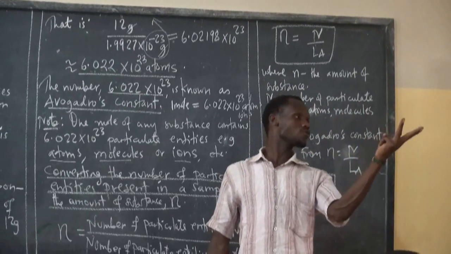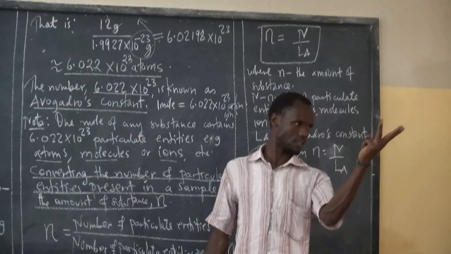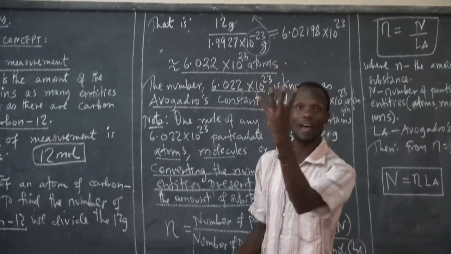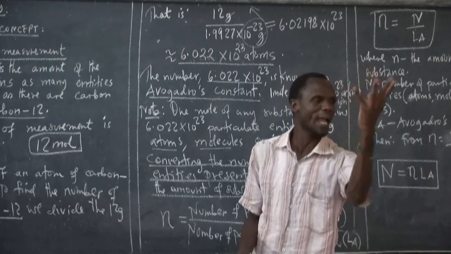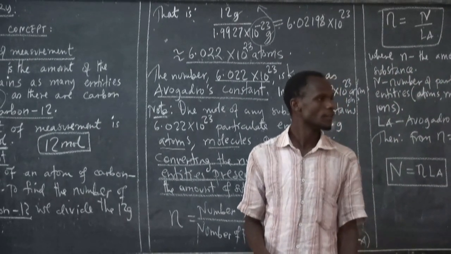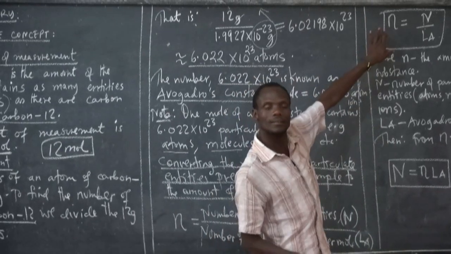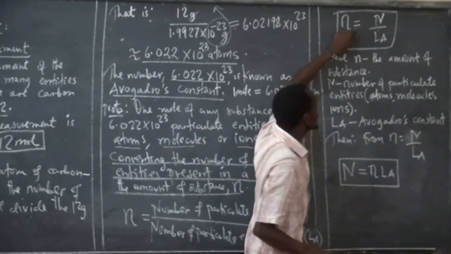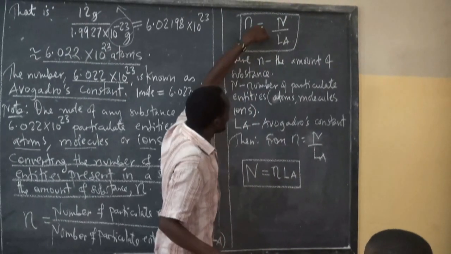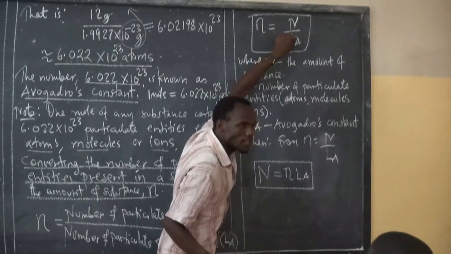Now we have 3 formulas on how we can determine the amount of the substance. But on the whole topic, we have 4 formulas that are used to determine the amount of the substance. Now this is the first one. Amount of the substance is equal now to number of particulate entities over Avogadro's constant.